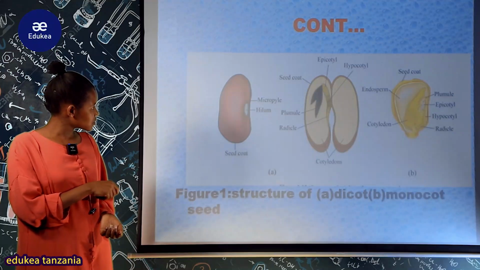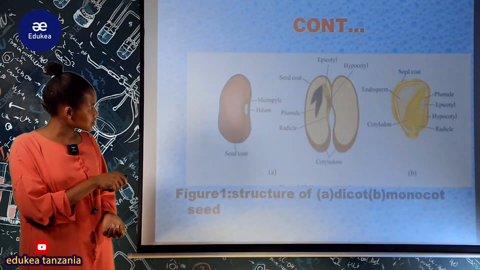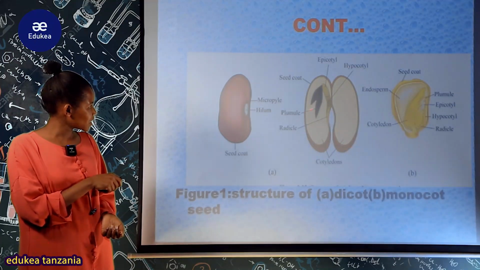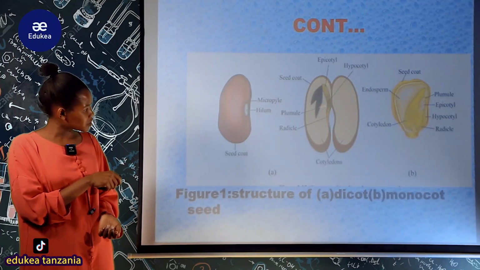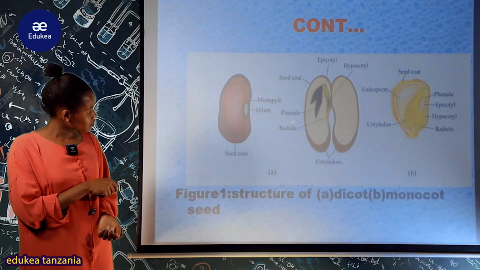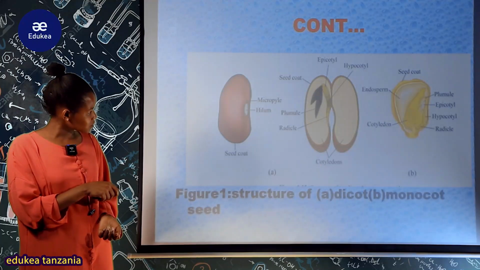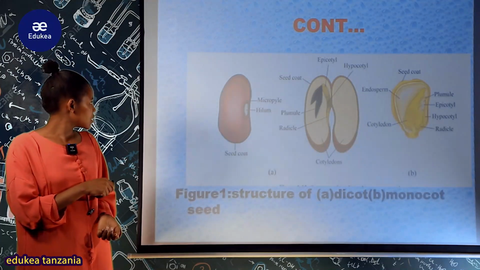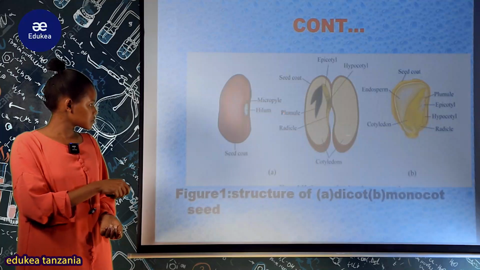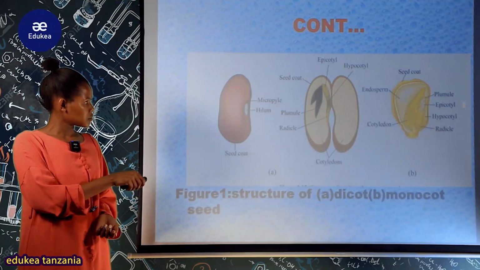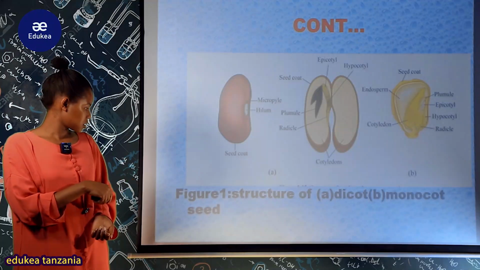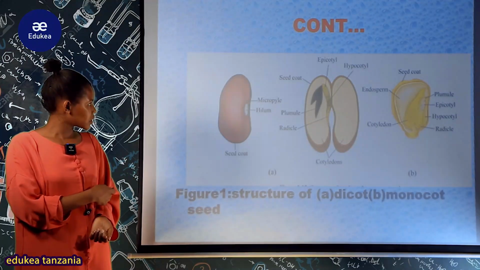We have the seed coat. When you open it, you can see a lot of parts: the plumule, which develops into the shoot after germination, also the radicle, cotyledons, and so forth. This is the dicot, also in open view, and this is the monocot seed. Hope you will understand well.